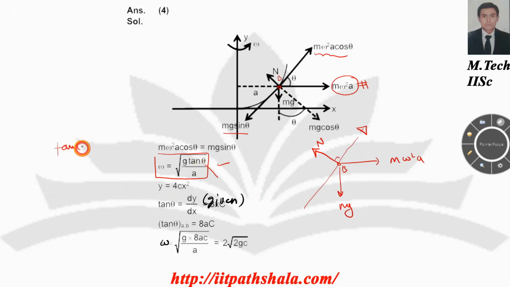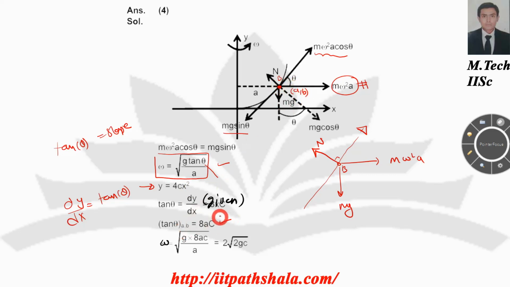Now you know that tan theta is nothing but the slope, and you are equipped with the equation of your parabola, which is y equal to 4cx square. So dy by dx, mathematically I know that it is equal to tan theta. So just differentiate the following expression. Now you have to put in the point, because you are specifically describing the motion at point AB.